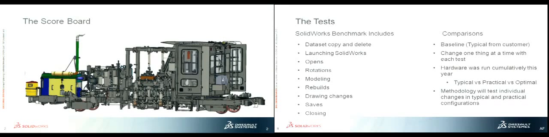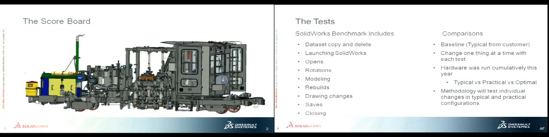Also, we'll test methodology, but that will be changing one thing at a time. They will not be cumulative tests there. And we'll see what these changes can do to our performance. Now, remember, one important thing about these tests is this is an environment that we set up. It's a model that we've controlled. It is very specific to our environment and our world right now.